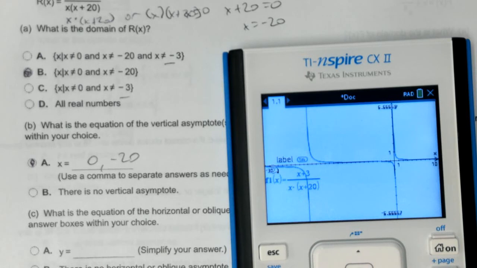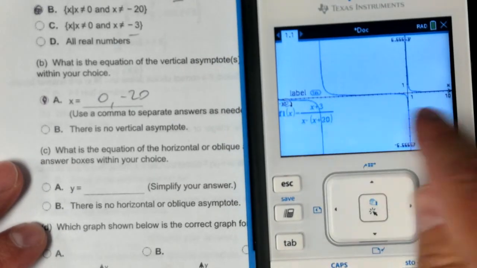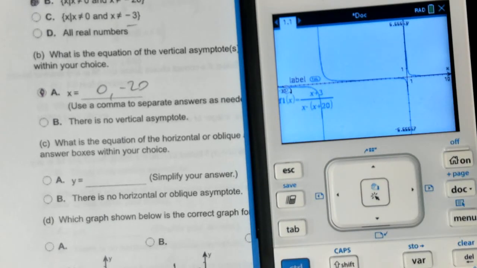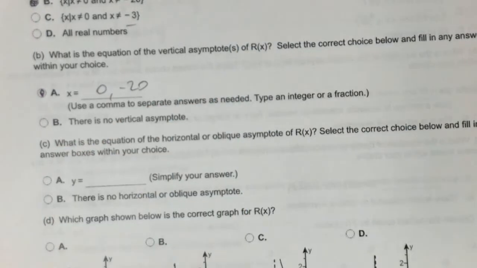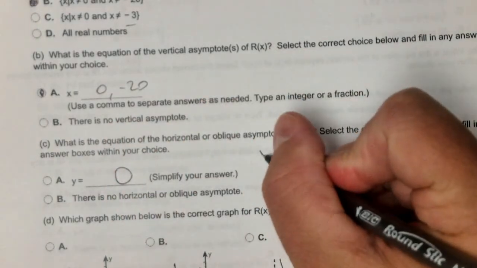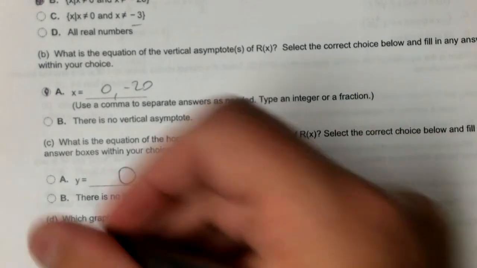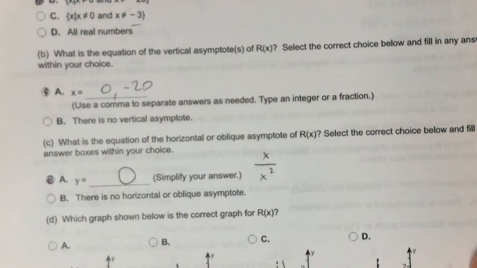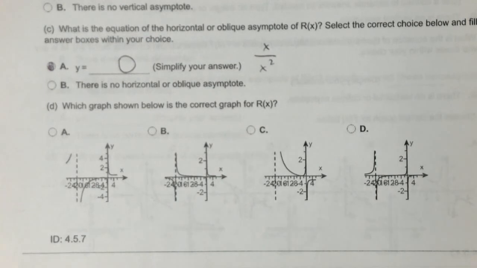The horizontal would be at 0, so we've got y equals 0. If you want to think of it, it's because of x over x squared, which is proper. Let's see.